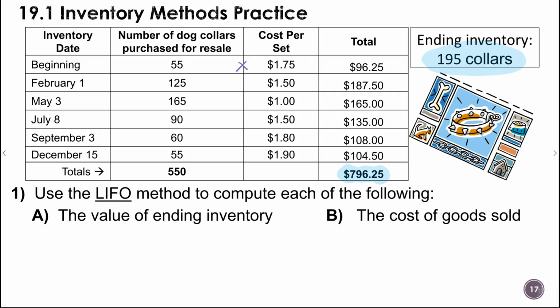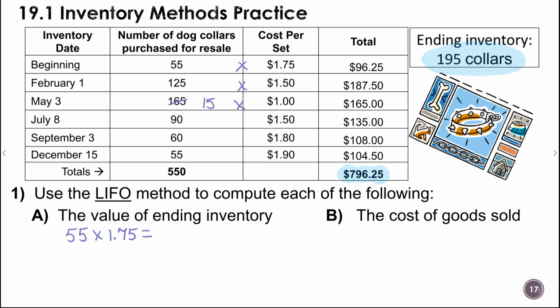There's 55 of the 195, so if we subtract that, we have 140, and then that means we're going to have to use the second category, and then from the third category, 55 and 125 is 180, so we still have another 15 collars, right, from this category, so 15 times 1. So those will be the three that we calculate to add together.